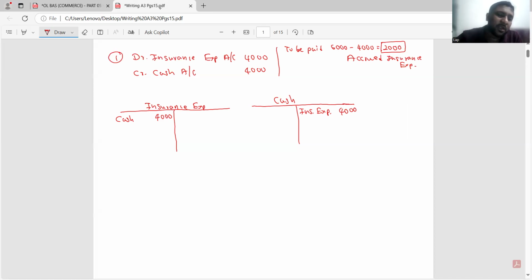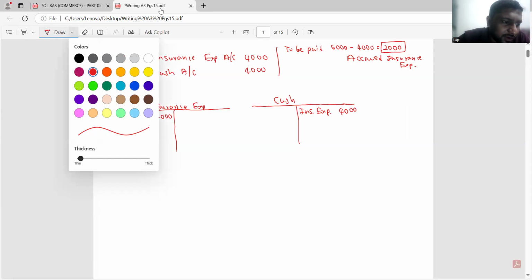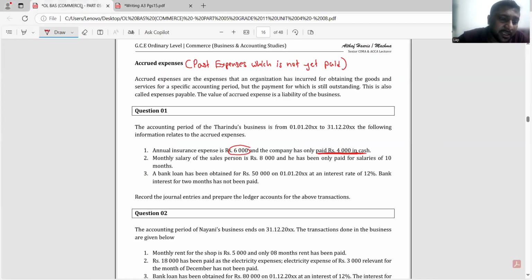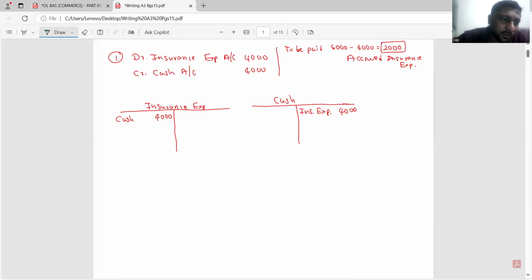So in this particular transaction that I recorded, what you have to understand, let me use a different color. My insurance expense account is wrong, I would say. Because my expense is not 4,000. Expense is how much? 6,000. Then already 4,000, so you have to put another 2,000 debited to the insurance expense account.